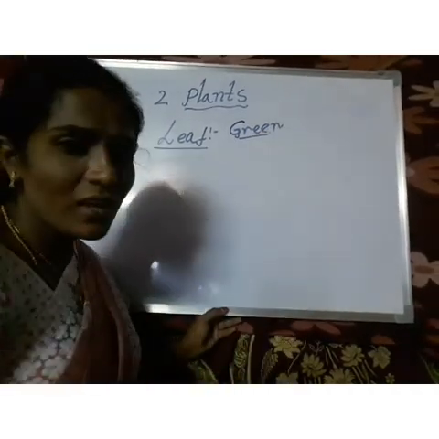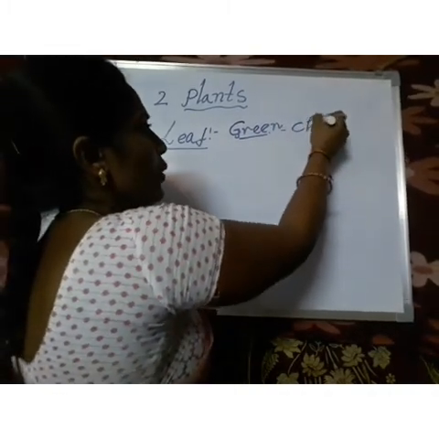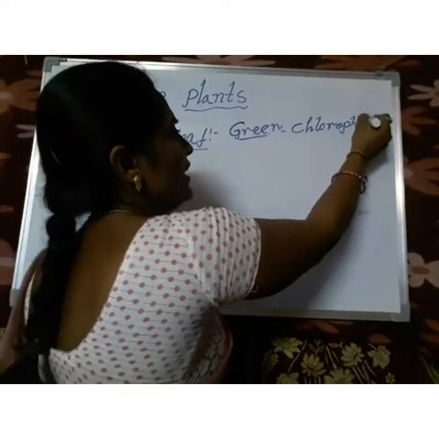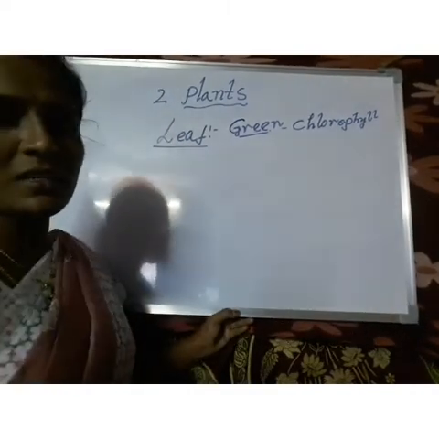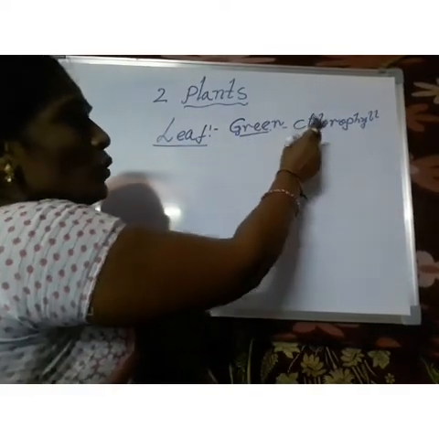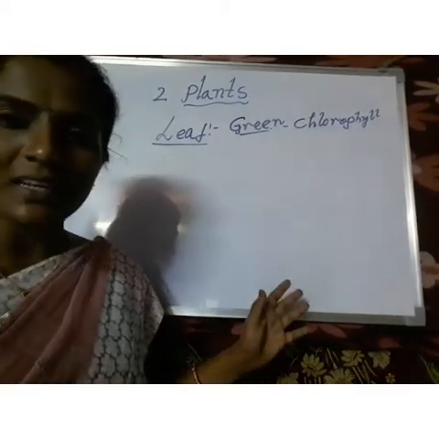Why are these leaves green in color? Because they contain chlorophyll, a green color pigment. Leaves contain the green pigment chlorophyll, so all leaves are green.